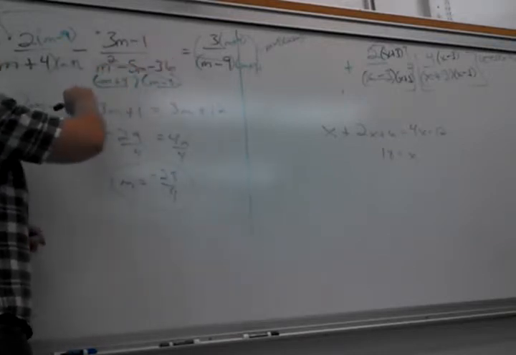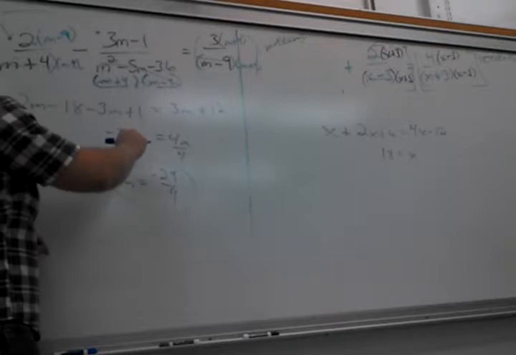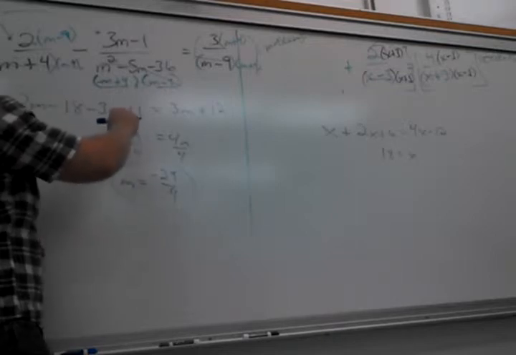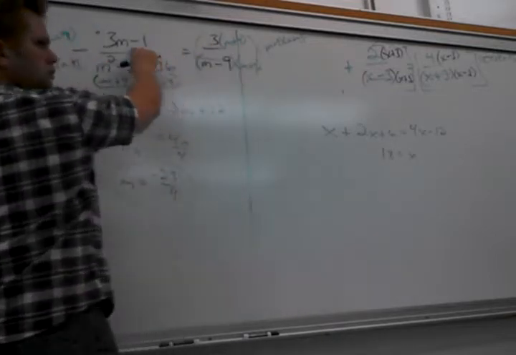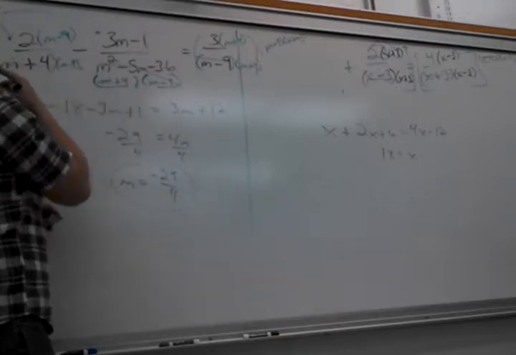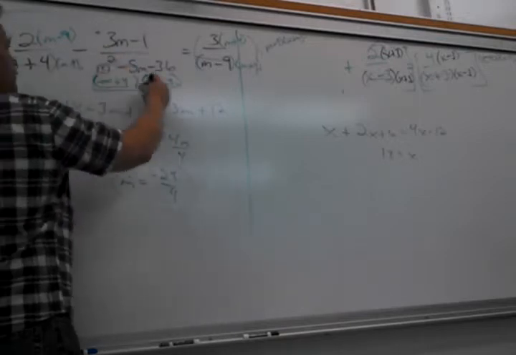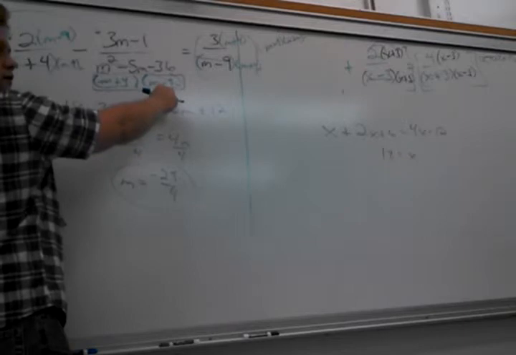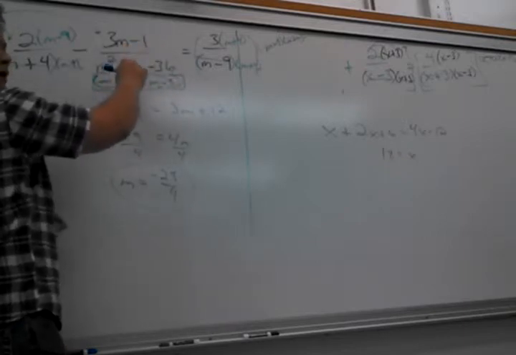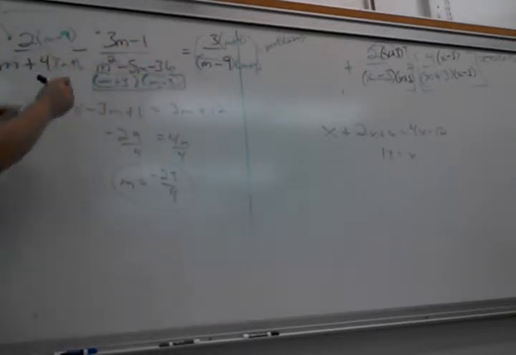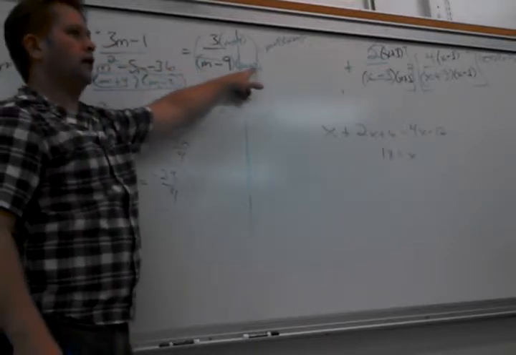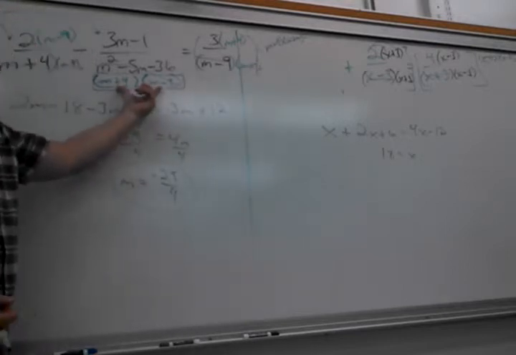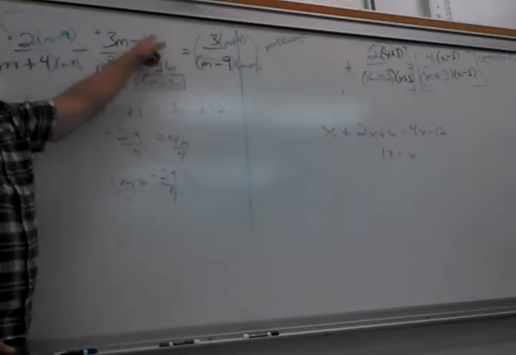He's already got, from the beginning he had both things. He definitely was missing an m minus 9 in the first term, right? He didn't have an m minus 9 yet. But the other one had both of them. So I don't have to give him anything.